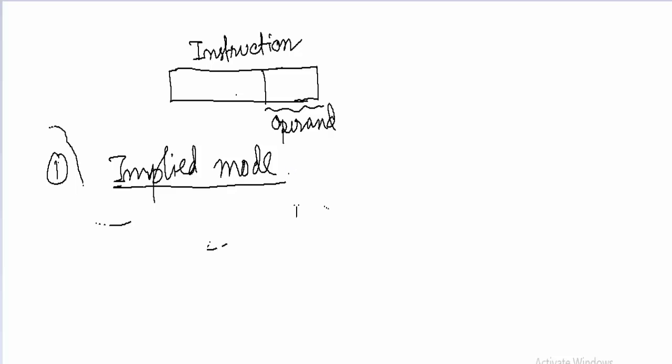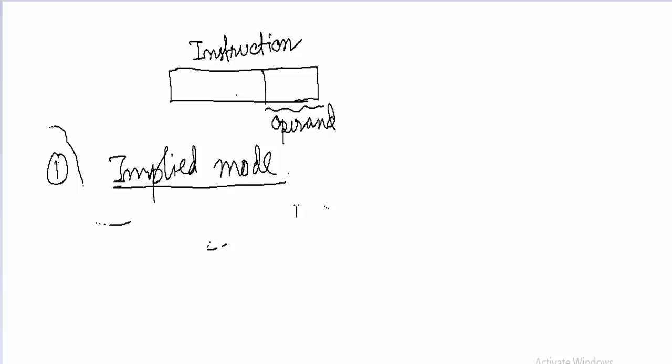Implied mode means the address is already implied, which means just by looking at the opcode you could understand what this instruction is telling us to do in this implied mode. So what could be the definition of implied mode?